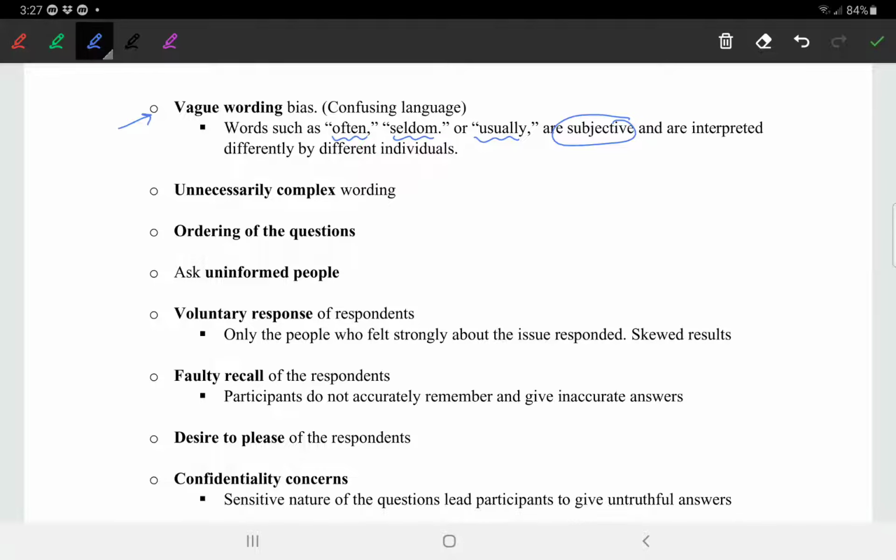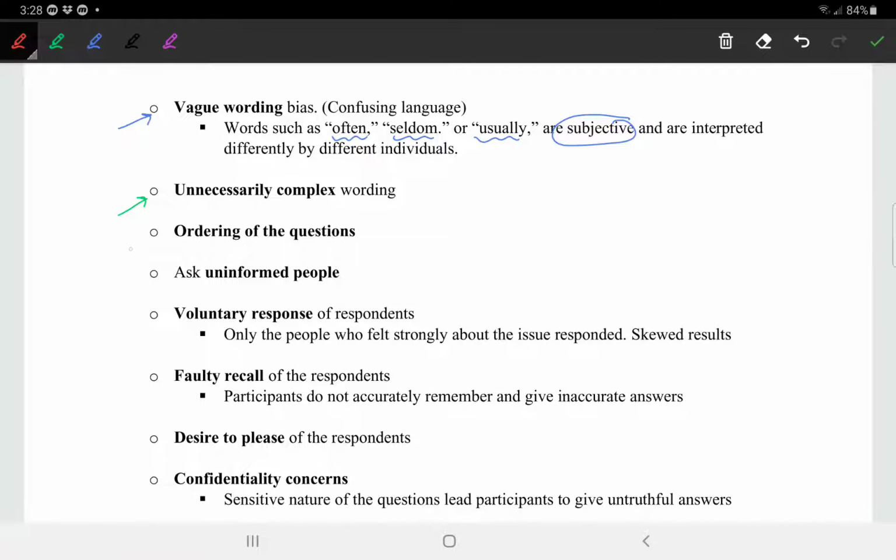So did this vague wording confuse the participants, so that the legitimacy of the data can be called into question? Similarly, was there unnecessarily complex wording in the question that led to confusion as well?